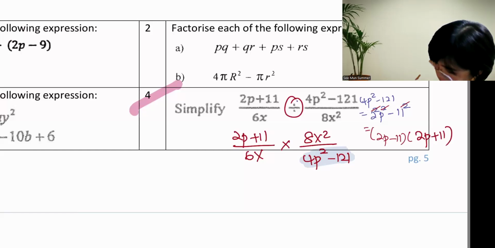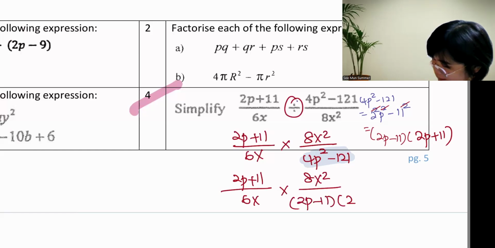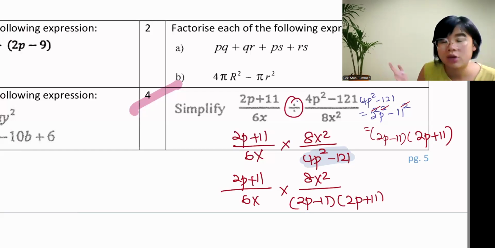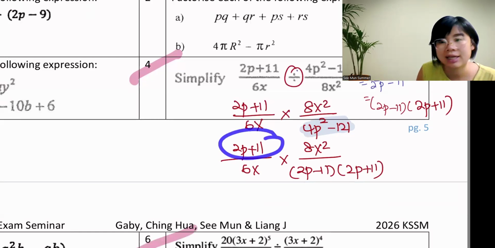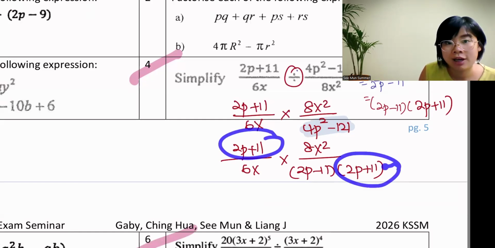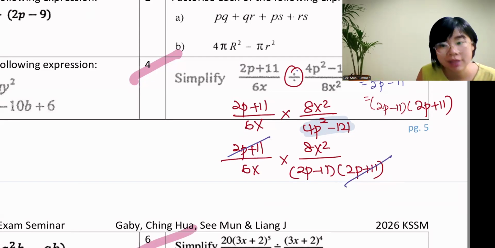Okay, so now I convert that 2p plus 11. 6x times 8x squared become 2p minus 11 and then 2p plus 11. And then you will see when you are doing correctly, you can see that they are exactly same thing that you can cancel off. Understand? So now you can cancel off 2p plus 11, 2p plus 11, correct?